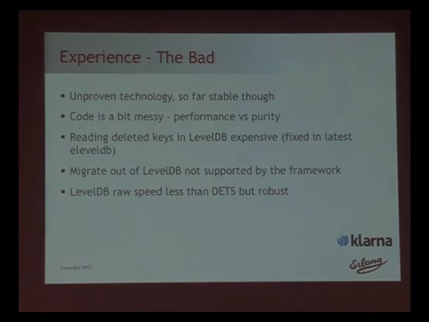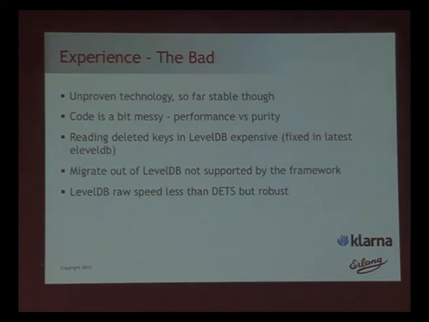The other problem is LevelDB has terrible read times on deleted keys. On our common test suite, each test will add a bunch of data, then delete it at the end, and then reread those keys later on in another test. Our common test suite ran about 30x slower, and it took a long time to figure out why.